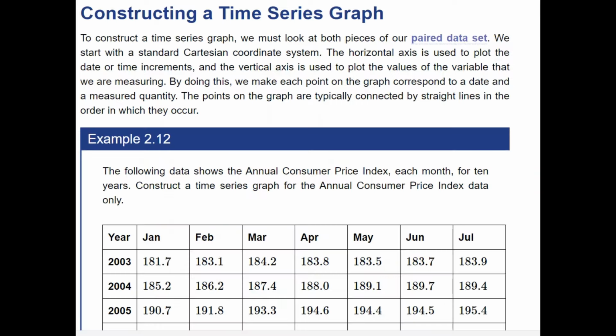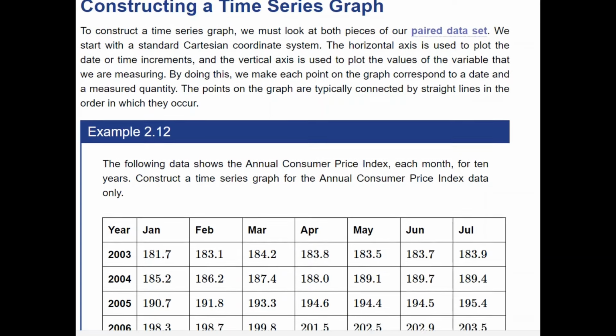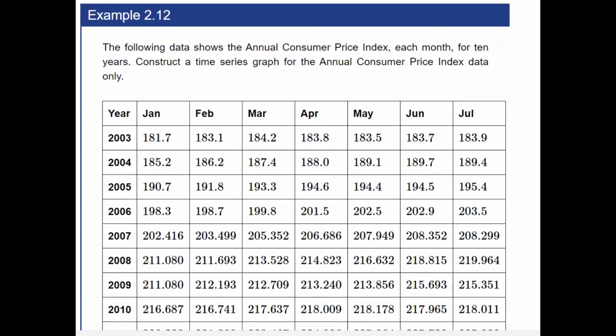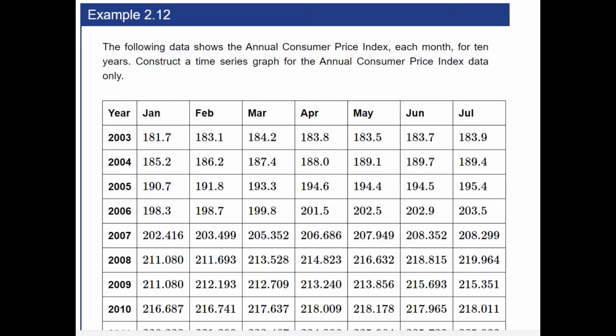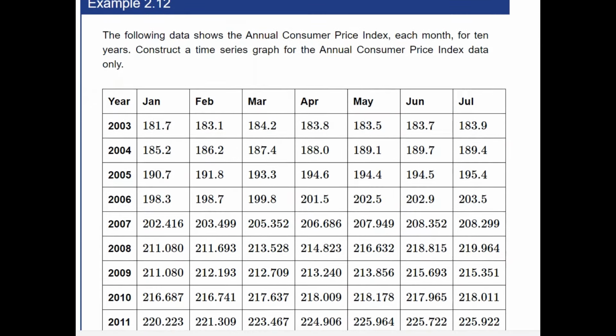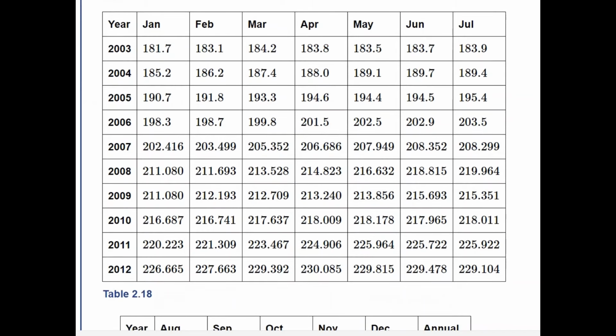A time series graph is the best example of a line graph in which a data set is plotted against time elements on the x-axis, which could be days, hours, months, years, or whatever units of time can be used. For example, in example 2.12, we look at the data about the annual consumer price index, also called the ACP index, on a monthly basis for 10 years, starting from 2003 to 2012.